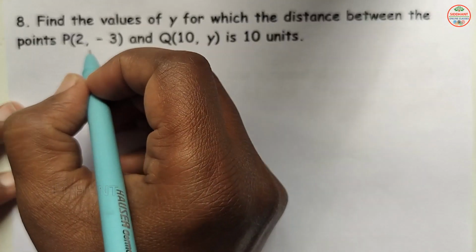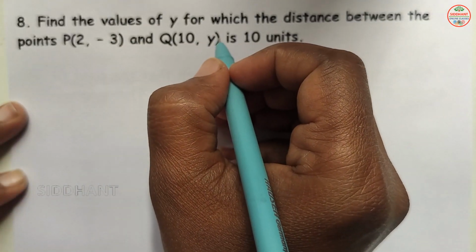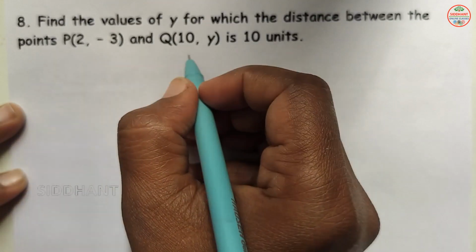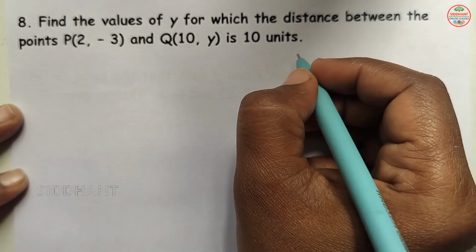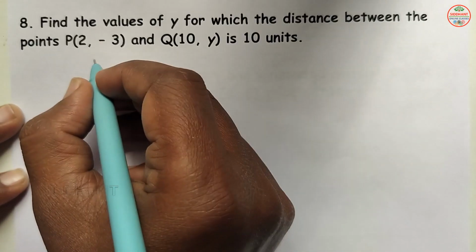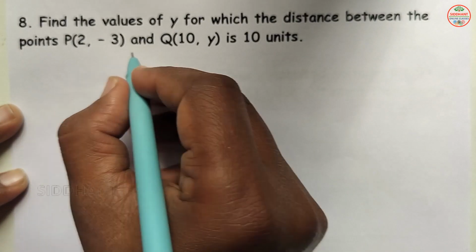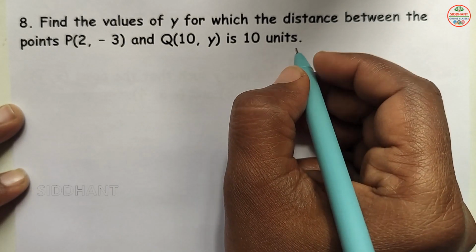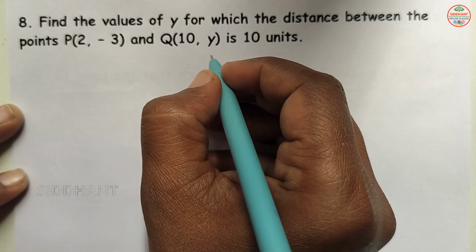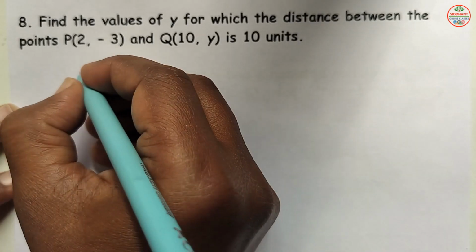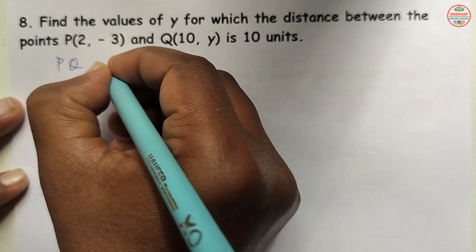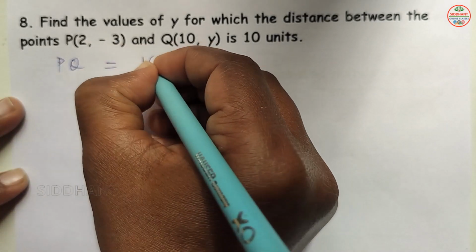Question number 8. Find the values of y for which the distance between the points P (2, -3) and Q (10, y) is 10 units. So that means they have mentioned the distance between P and Q is 10. The P value and Q x value are given, and we are going to find the y value. So the condition is PQ distance is equal to 10.